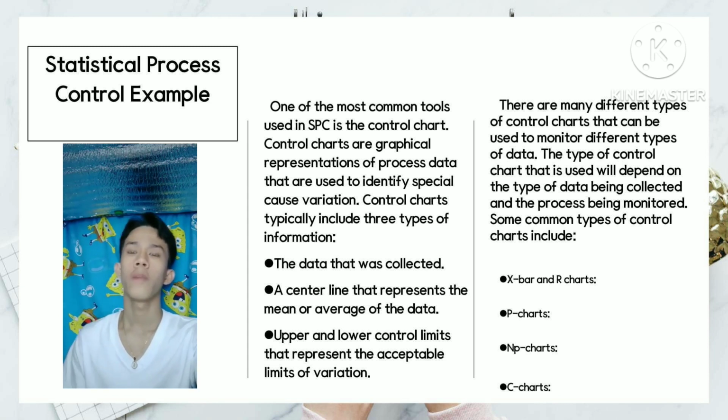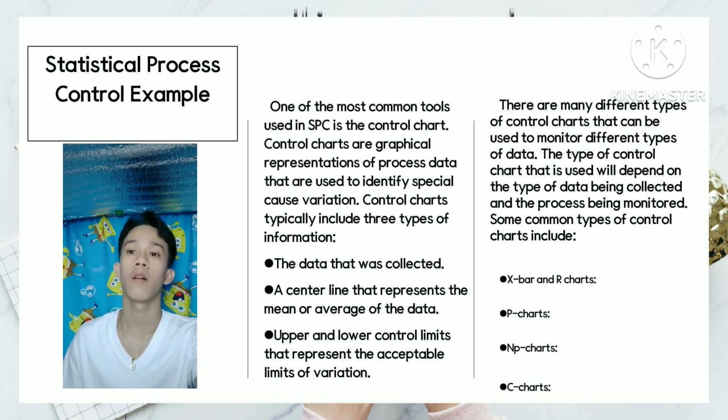There are many different types of control charts that can be used to monitor different types of data. The type of control chart that is used will depend on the type of data being collected and the process being monitored.